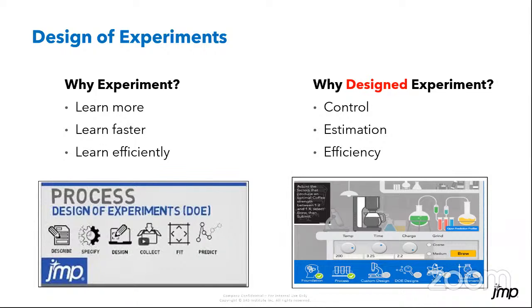Estimation: a designed experiment guarantees you learn something about what you want to know, so you can estimate. Efficiency: using a designed experiment assures you can learn the most from your data. That means maximum information from a minimum number of trials and minimum resources. That's why you need to design.